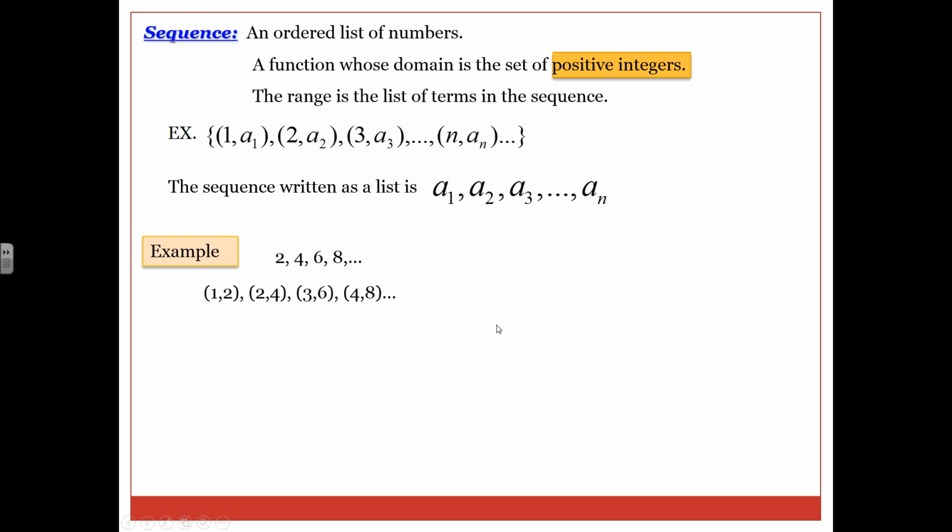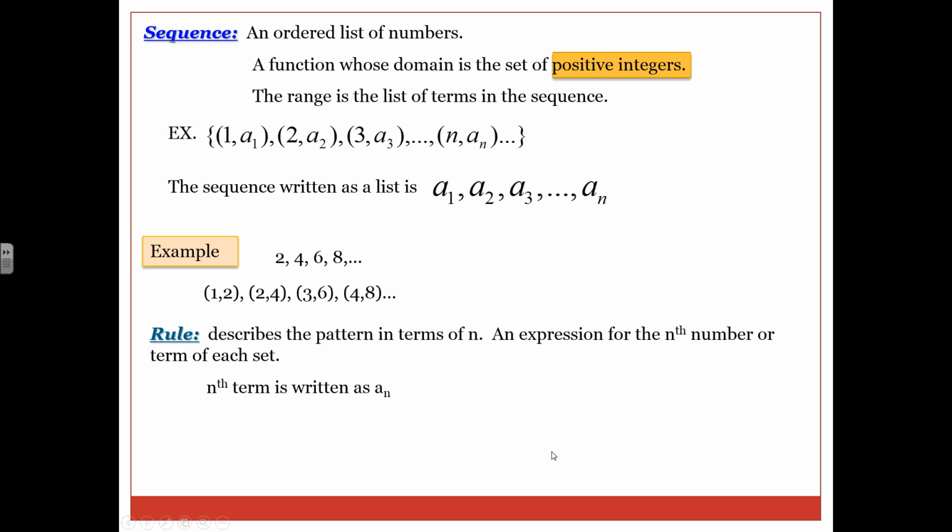If I wanted to convert that into the function form with the points, you can see the x coordinates 1, 2, 3, 4. So you can tell this is the first term, that's when the x value is 1. This is the second term, that's when the x value is 2. Third term is when the x value is 3, and so on.